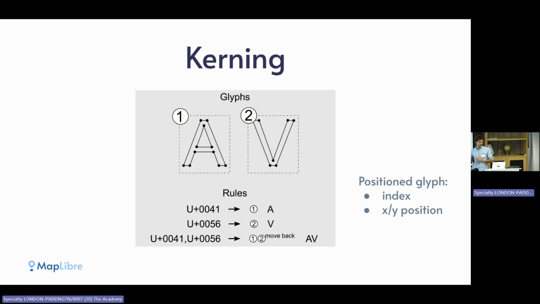And here we see what is meant by a positioned glyph. It's really just the glyph index plus some positioning, the X and actually Y position, because sometimes you have to move a glyph back or up and so on. All of these things can happen. That's the concept of a positioned glyph.